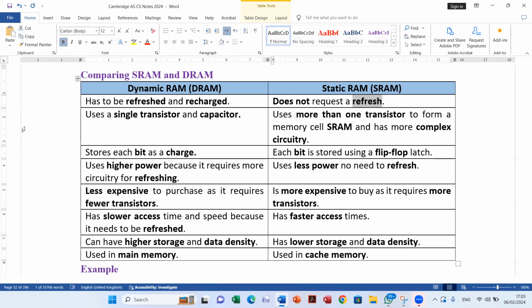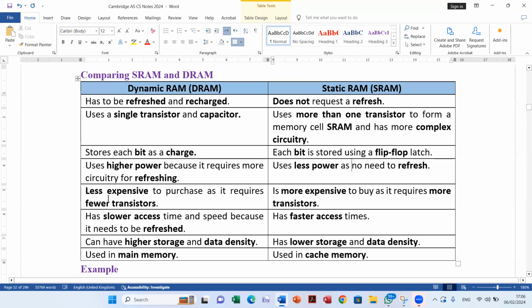The dynamic RAM uses high power because it requires more circuitry to refresh. The static RAM uses less power as there is no need to refresh. The dynamic RAM is less expensive to purchase as it requires fewer transistors.